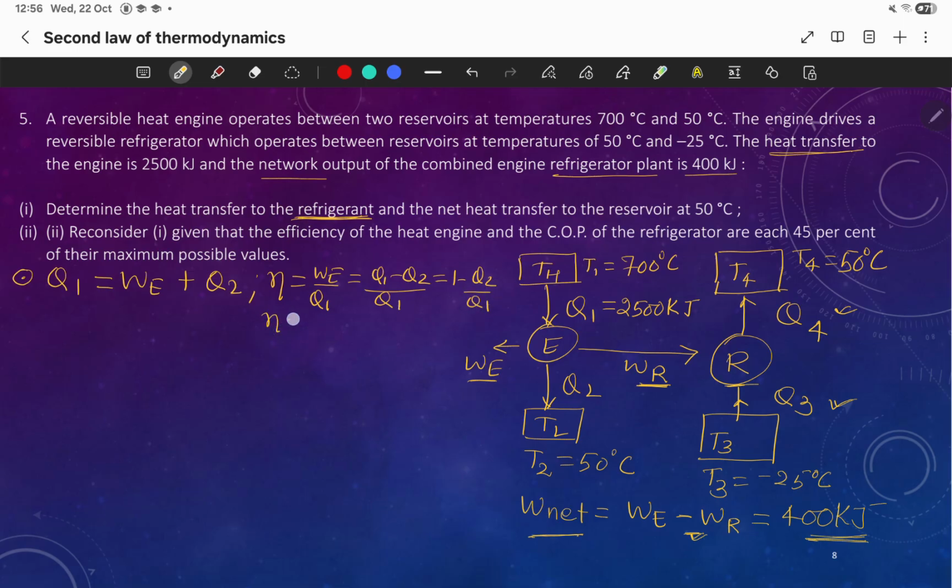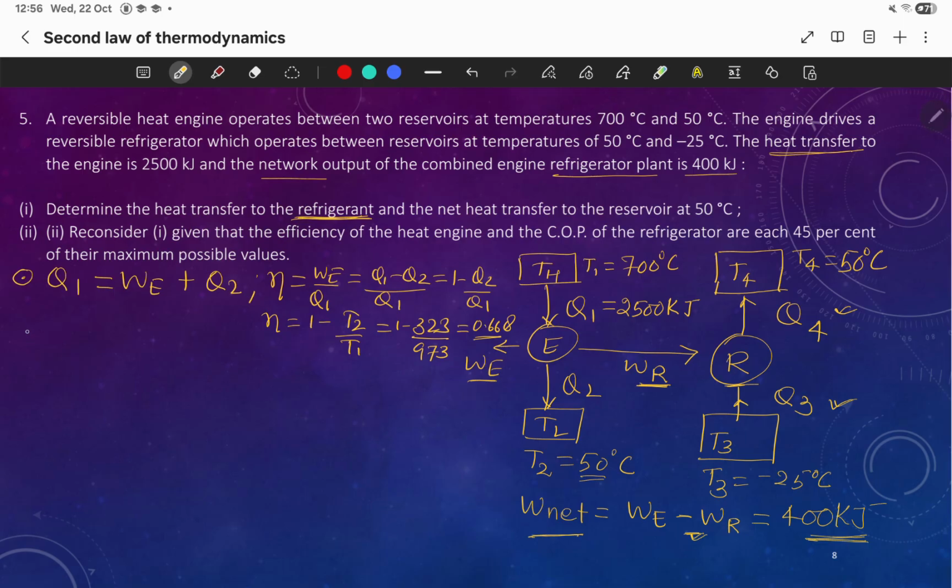So efficiency will be 1 minus T2 by T1. We have T2 and T1, so just write the values: 1 minus T2, which is 50 degrees Celsius plus 273, gives 323, upon T1, which is 973, equals 0.668. This is the efficiency for the heat engine.